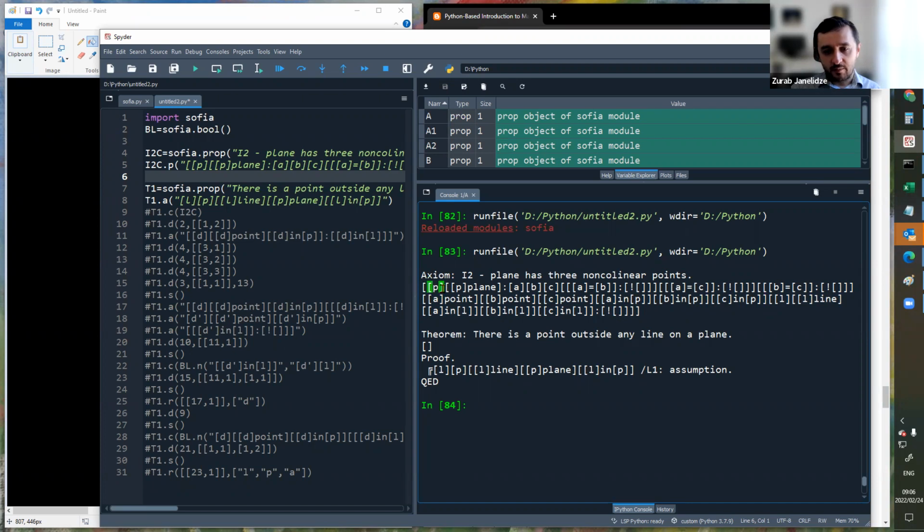So we have a plane P. So we've got a P that's a plane, and if we have, you see, then there is a colon after that. So if we have a plane P, then, this colon, remember, represents "then", we will have A, we will have B, we will have C, where A and B are not equal to each other.